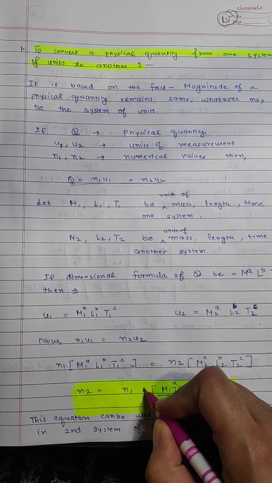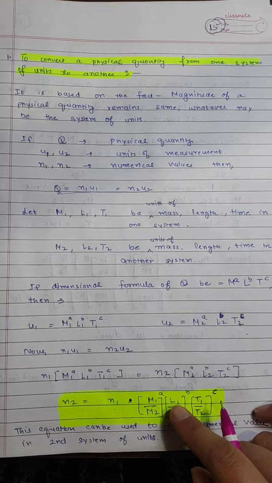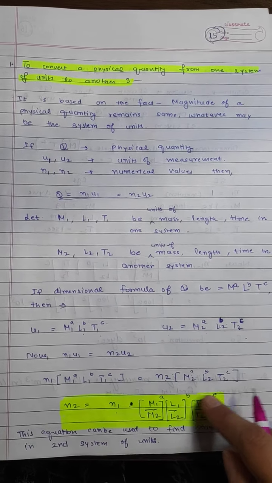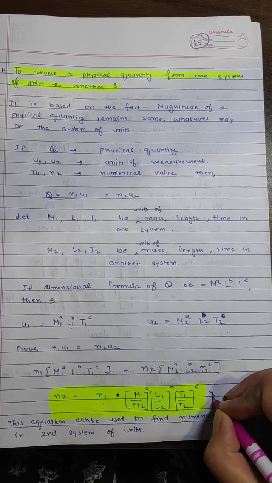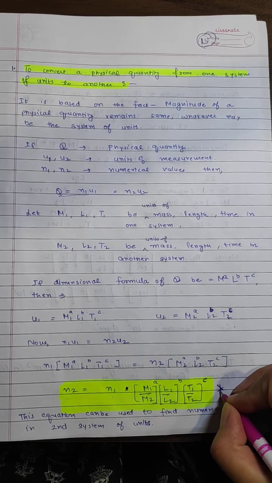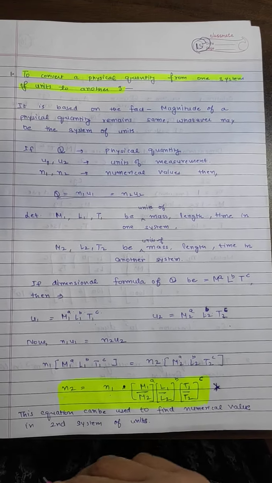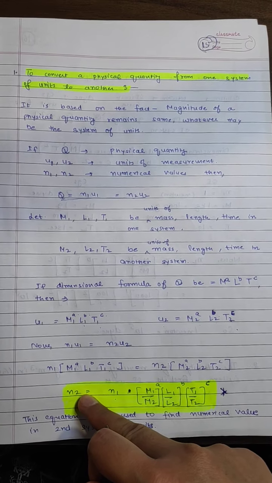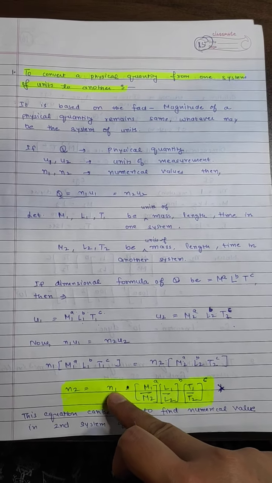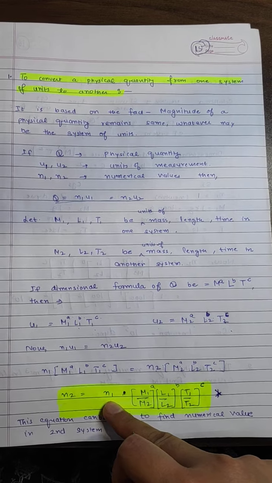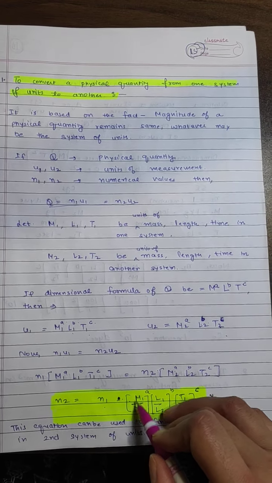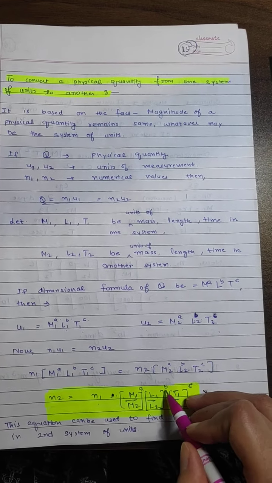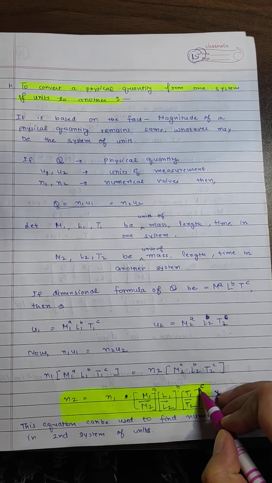It will be N1 into M1 by M2, L1 by L2, T1 by T2, with powers A, B, and C. So this is the most important formula to find the numerical value in the second system of units if the numerical value in the first system of units is given, multiplied by the ratio of base units raised to the power of the dimensions of the physical quantity.